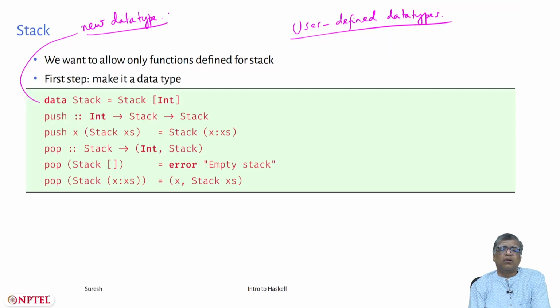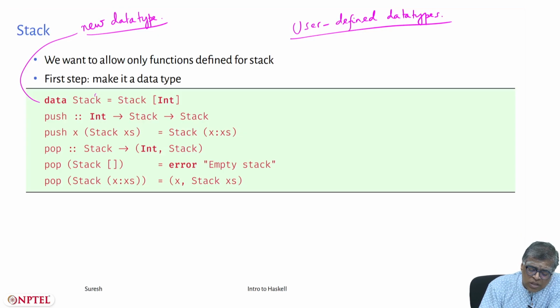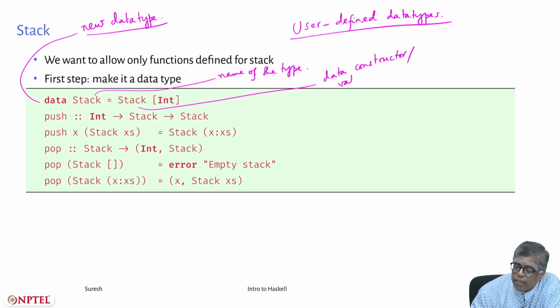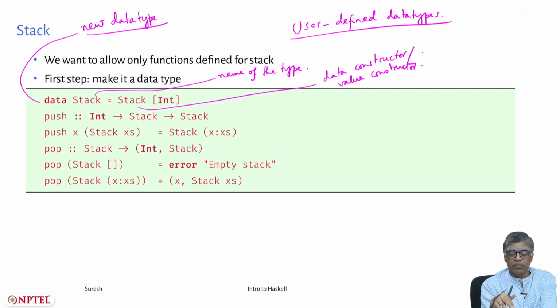You say data Stack, this is the name of the type, and I said typically it is convention that you use the same name both for the type name and the constructor, if there is only one constructor. This is the data constructor or value constructor. Depending on the context, you would know whether you are referring to the value constructor or to the type name.